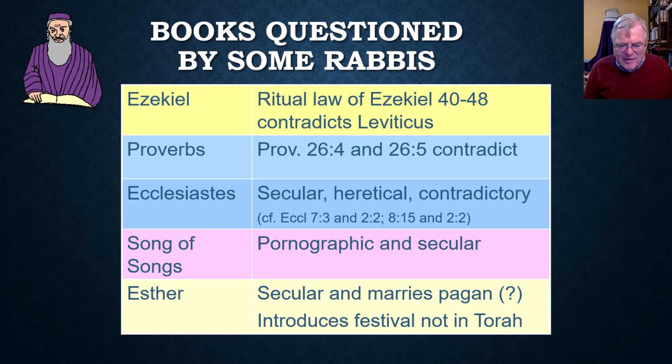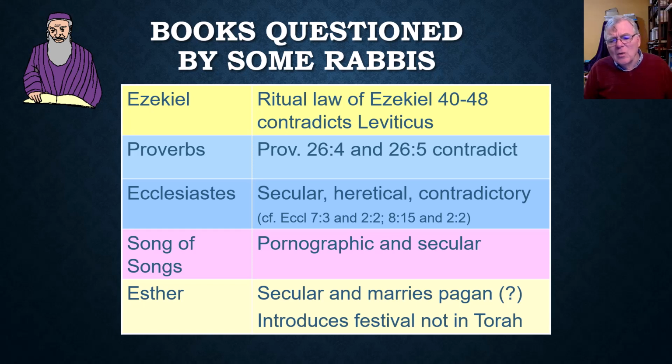And then finally, the Book of Esther, partly because it's secular, because there's no direct mention of God in the book, unless you allegorize it. If you take it literally, there seems to be no mention of God in the book. Also, Esther marries a pagan, and that seems an inappropriate thing for a Jewish woman to do.